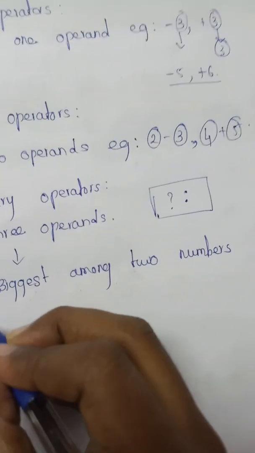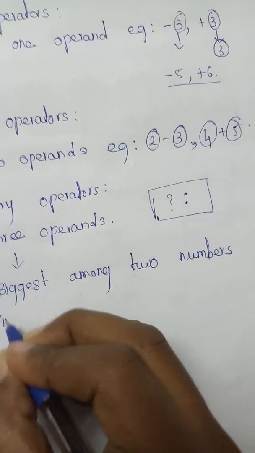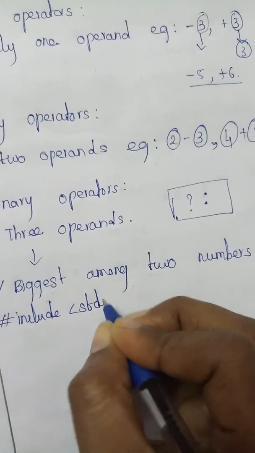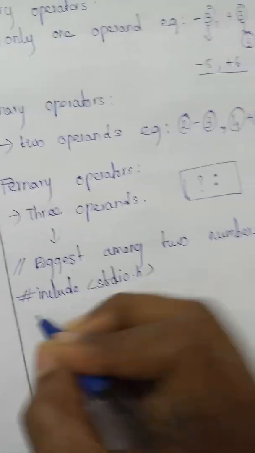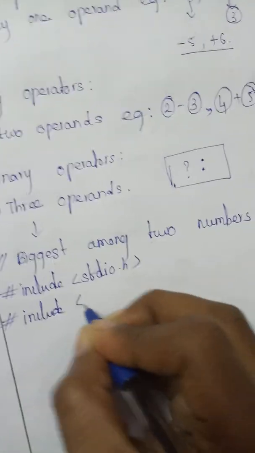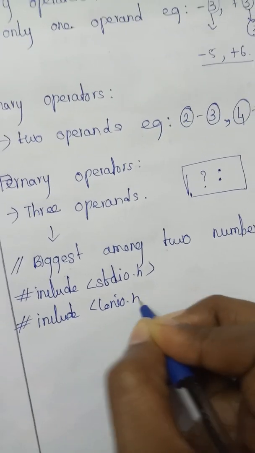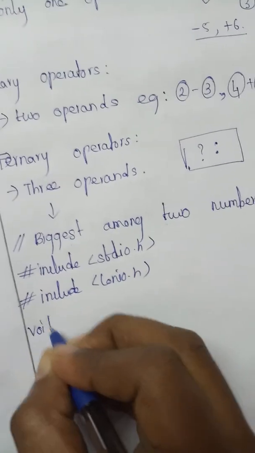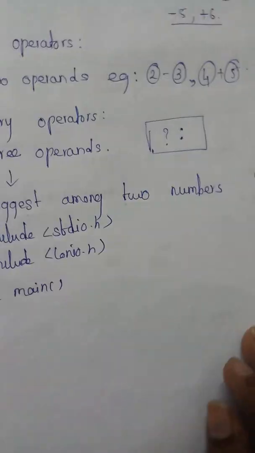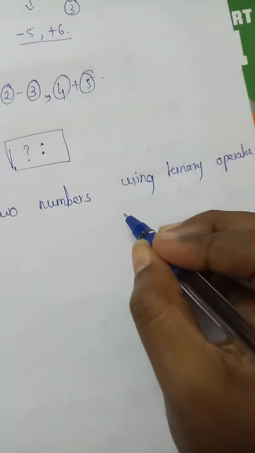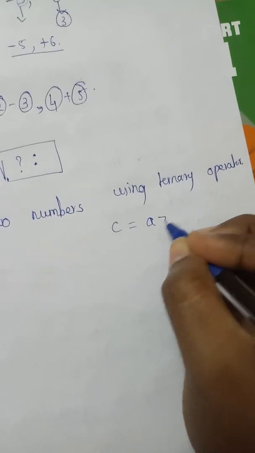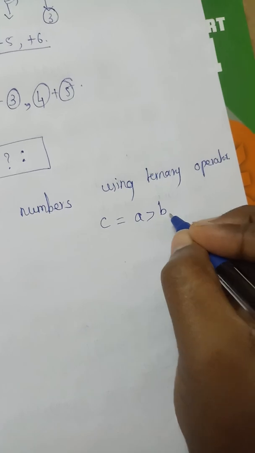So, first we need to write hash include stdio.h. Second one is hash include conio.h. And then next one is void main, and I need to declare the variables. For example, I am taking c equal to a greater than b.